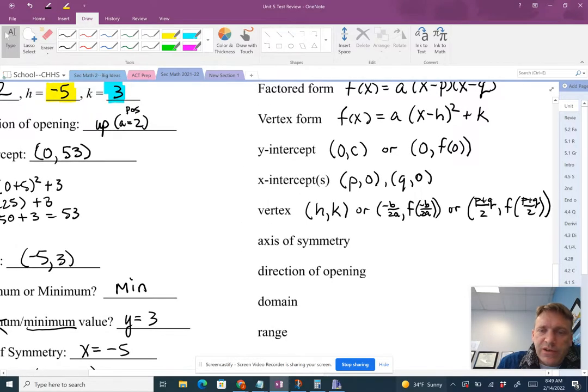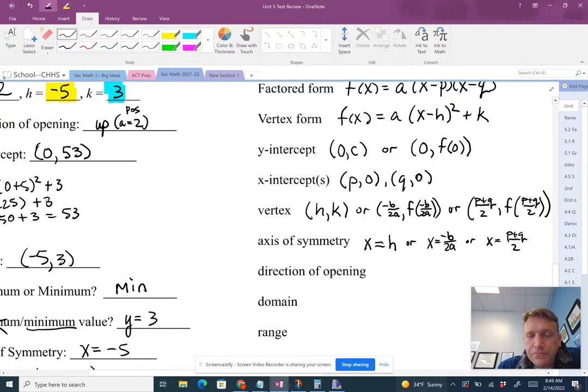And so those are different ways you can find the vertex. The axis of symmetry, let's just put x equals h. It could also be x equals negative b over 2a if it's from standard form, or x equals p plus q over 2. Just depends on which value you found.